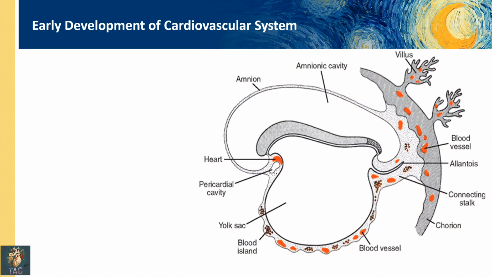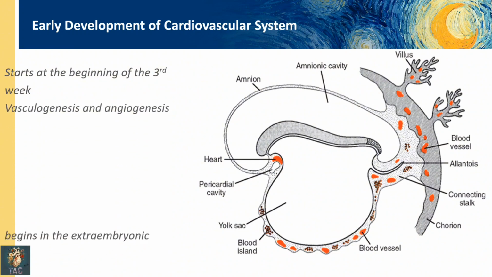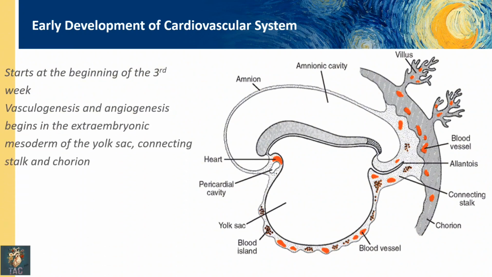Now we will discuss the development of the cardiovascular system in the embryo. The cardiovascular system begins in the third week of development, when the needs of the embryo are not completely fulfilled by diffusion, and the embryonic tissue now needs a well-developed system.